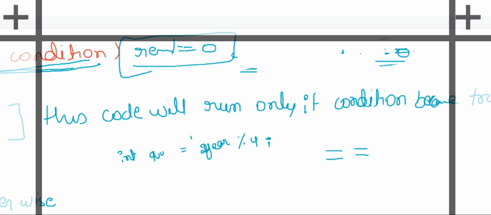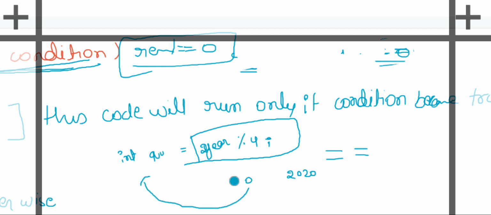First of all, this calculation will be performed first. For now, let's suppose the user has entered 2020, right? So what will be the value for this calculation? It will become 0, right? Yes. So now this 0 will initialize this quotient.